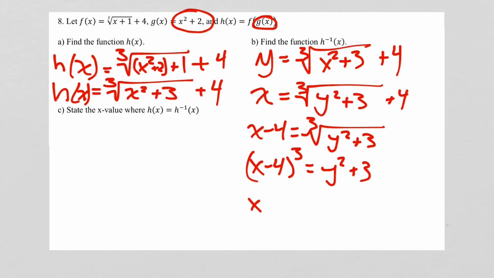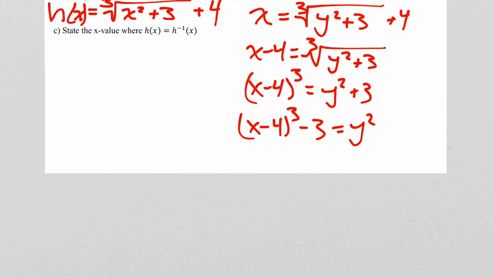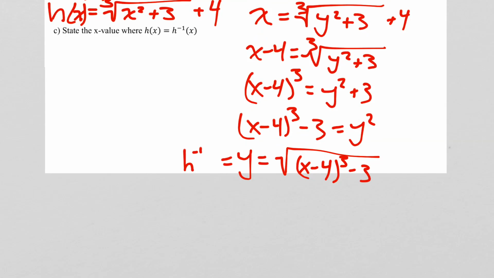So x minus 4 cubed minus 3 equals y squared. Almost there. Finally, y equals the square root of x minus 4 cubed minus 3. And that is our h inverse of x function.